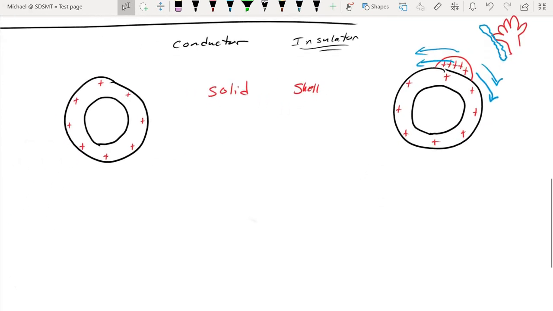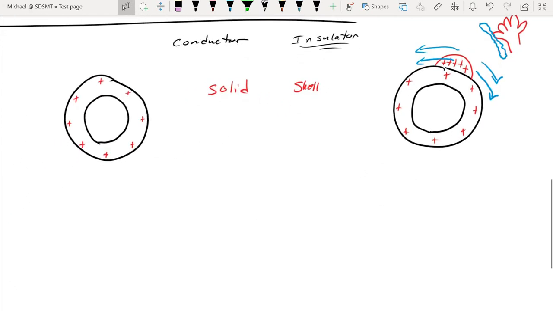So now that we have these two different materials for consideration, we're not going to limit ourselves just to spheres or shells. We need to consider really any kind of geometric distribution of charge.